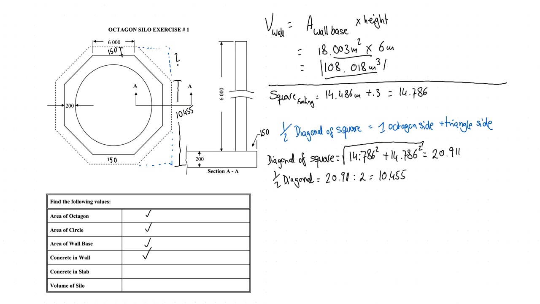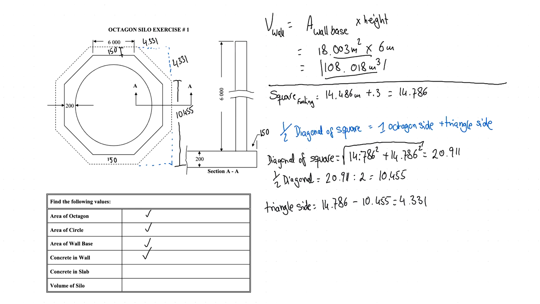So our triangle side equals our whole square side, the 14.786 minus our magical 10.455. And that leaves us with 4.331. So I'll pop in 4.331. And if that side of the triangle is that, then this side is the same, 4.331.